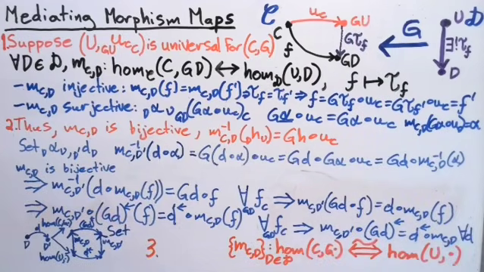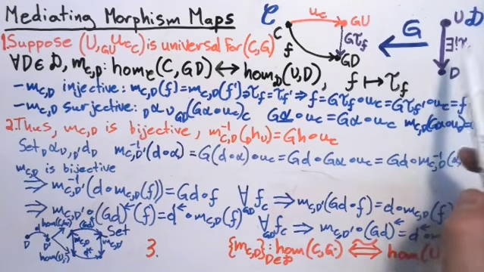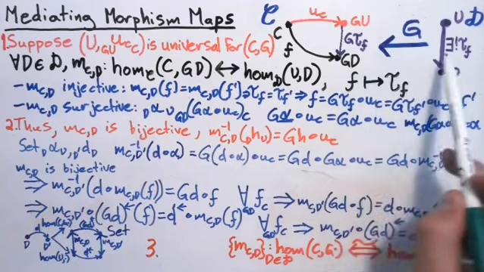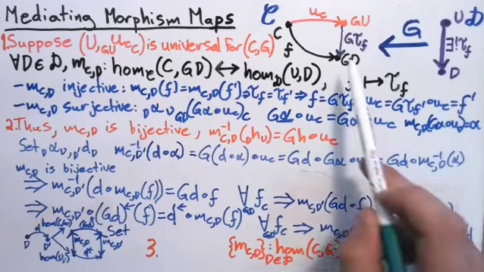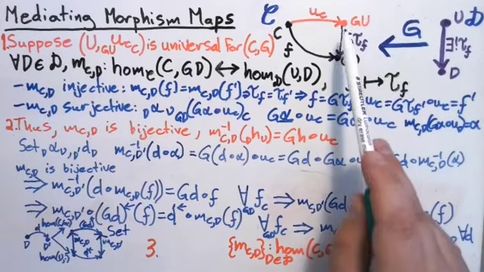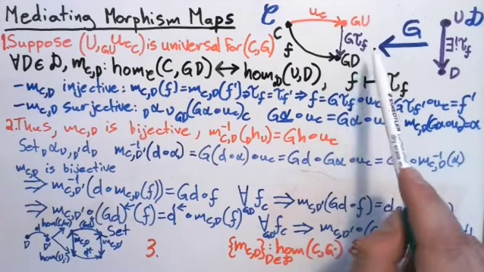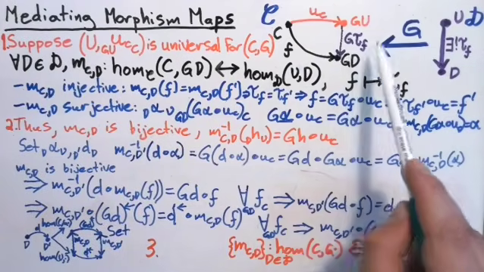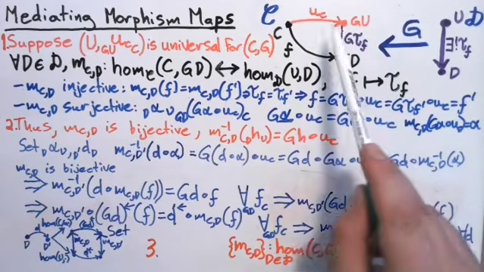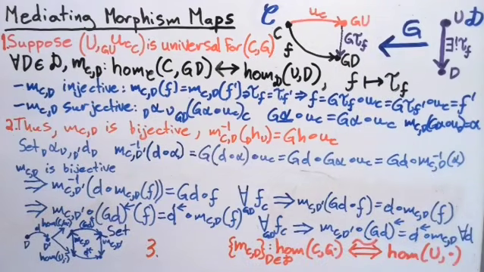Well, it would just be 1U, right? This would have to be 1U over here, and then because functors map identities to identities, we would end up with G tau of UC would be also 1 GU, right?